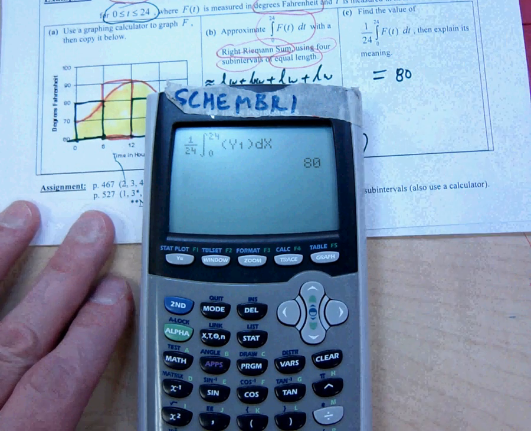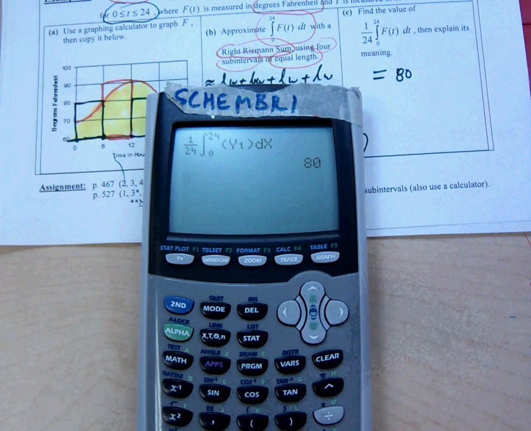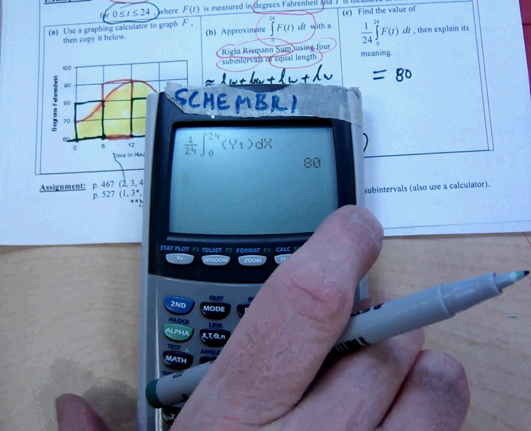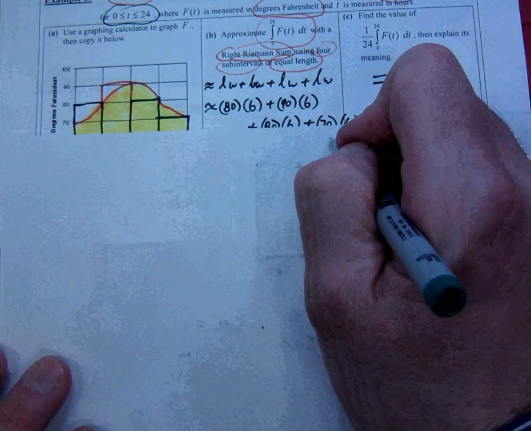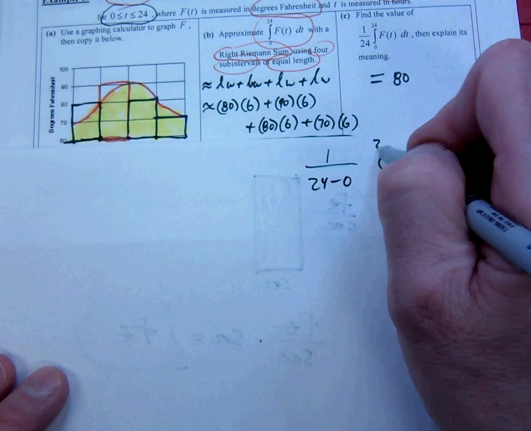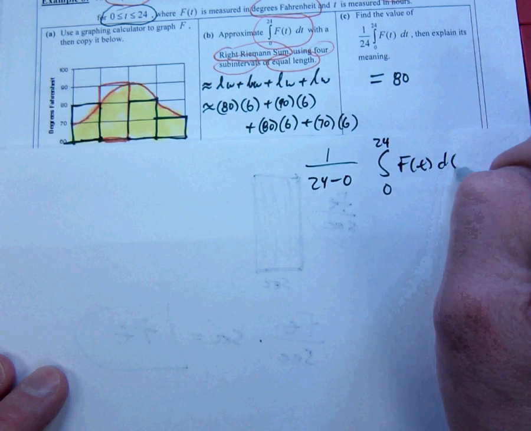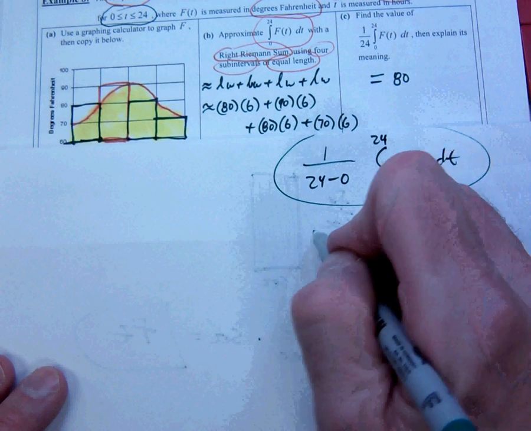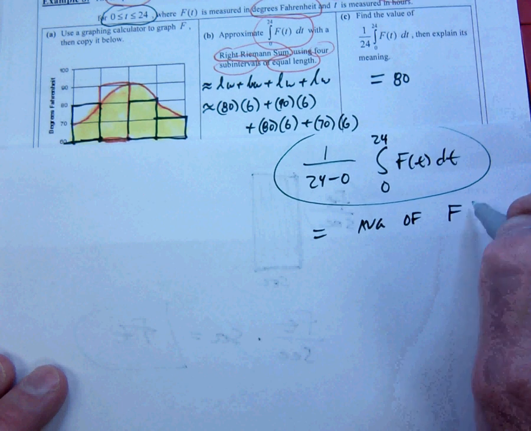Now again, tricky, tricky, tricky. What are the units on this? Well, first of all, what is this, guys? What are you looking at? Can't I think of it like this? Isn't 24 the same as 24 minus 0, which matches my interval? So just by the way it's set up, that should equal the average value of f of t. And what is f of t?